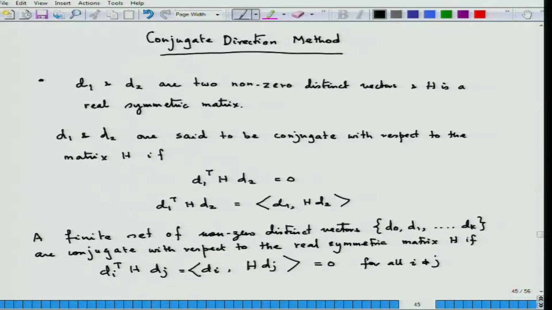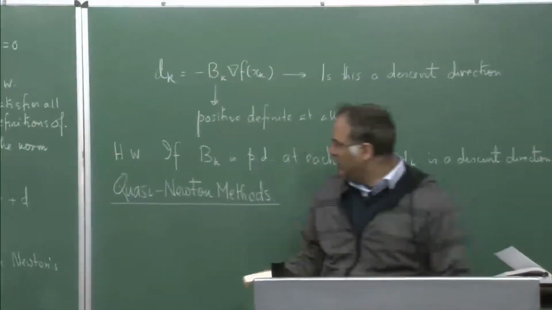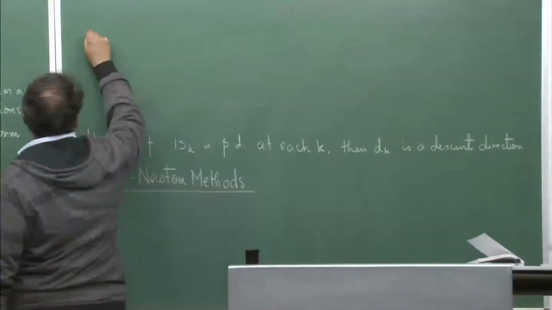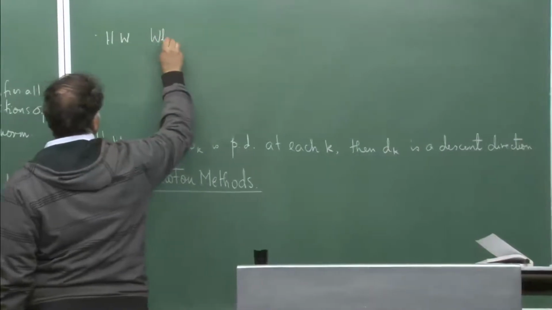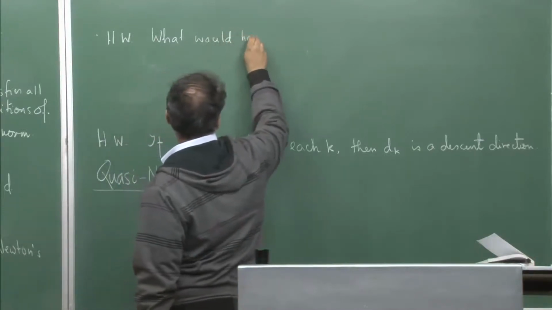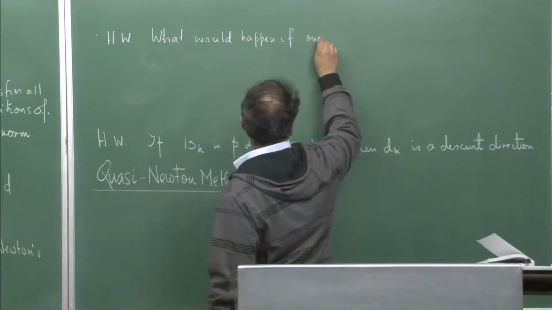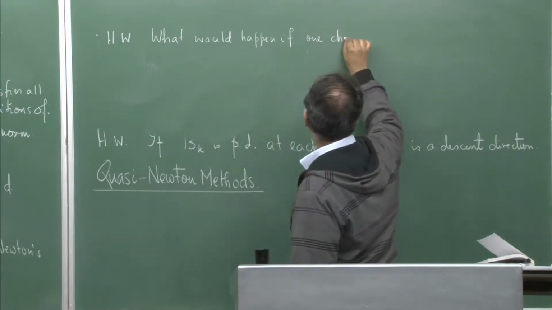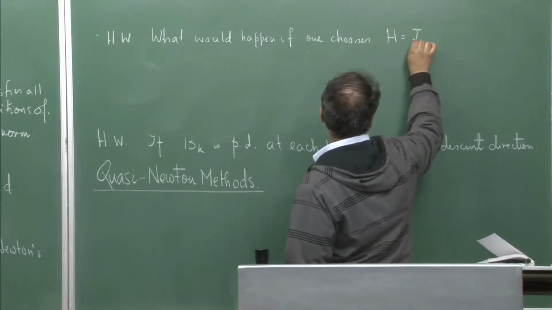Then I will now ask a few questions as homework again. You need to do something on your own also, not just listen to the lectures, because that is the way you learn a mathematical subject. So, the question is, what would happen if one chooses H equal to the identity matrix I?